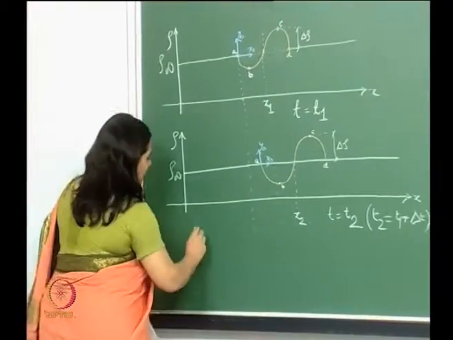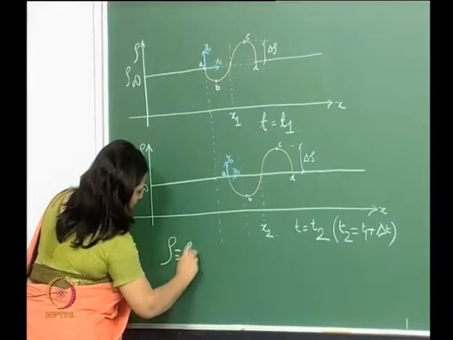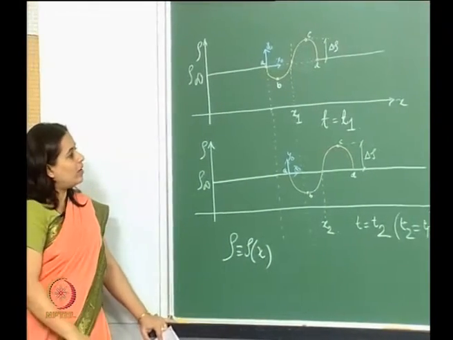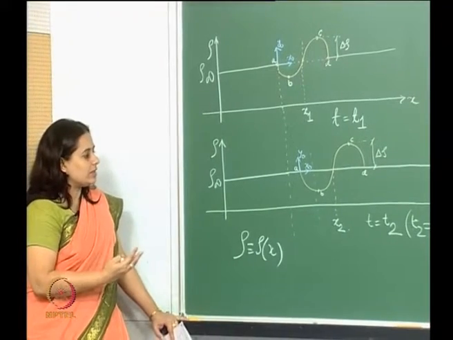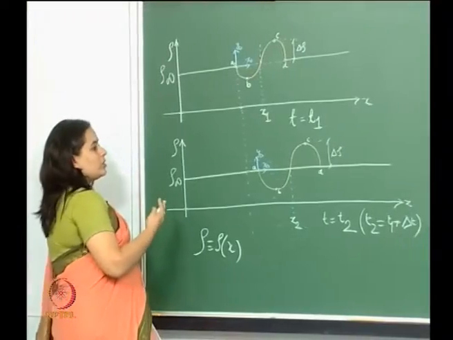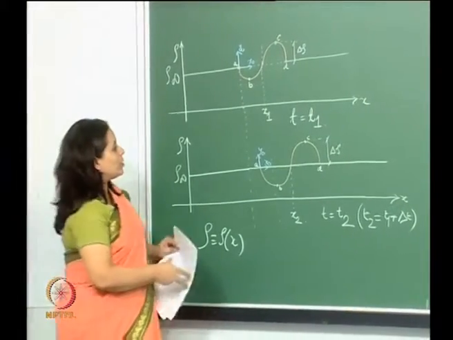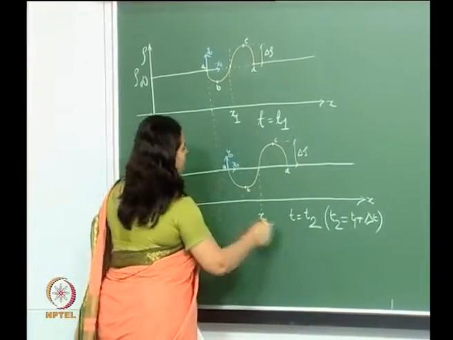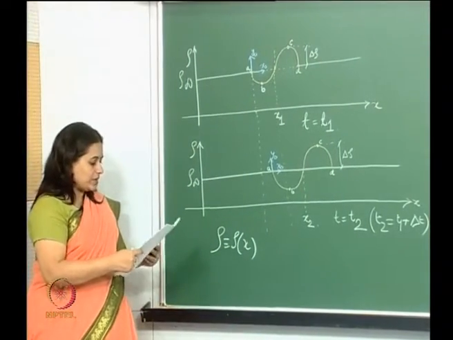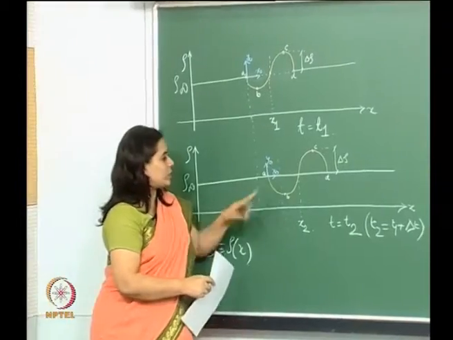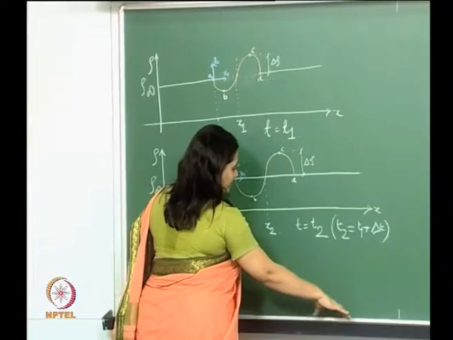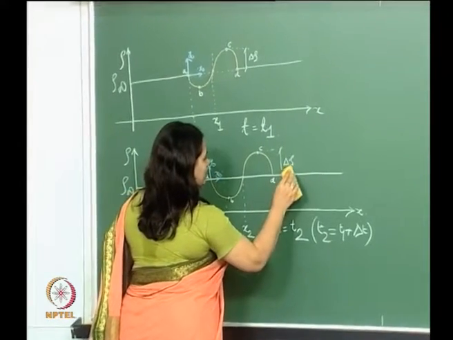As of now, it is a function of x. Now, let us also add that this is unsteady, so this picture also changes with respect to time. When I go from this time to this time, the picture also changes. So, how will this picture look like? You can probably guess.